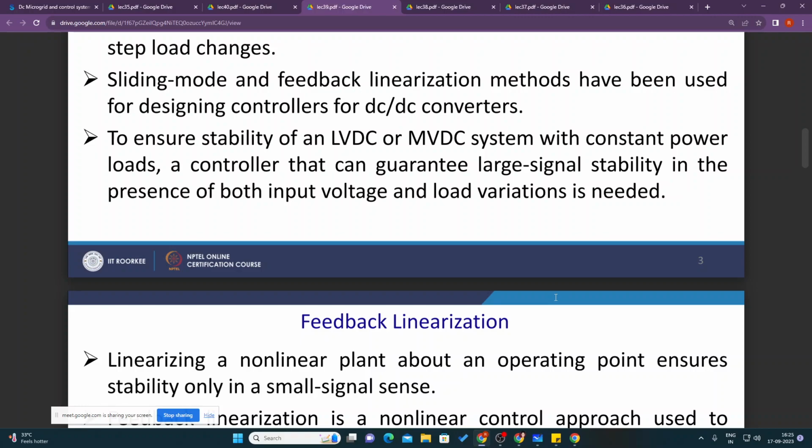So in 90% of cases, the linearization technique is used to control power electronic converters. But if you're interested in non-linear, you can go through the books.